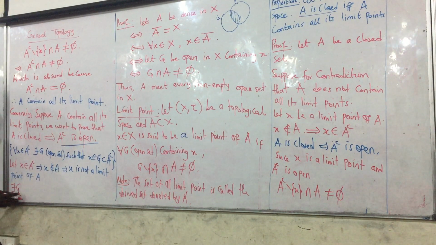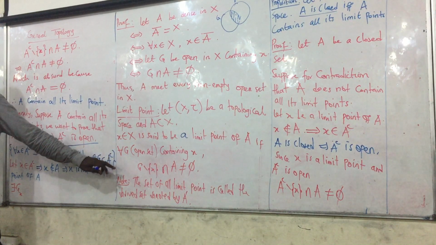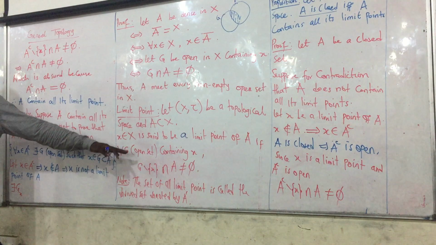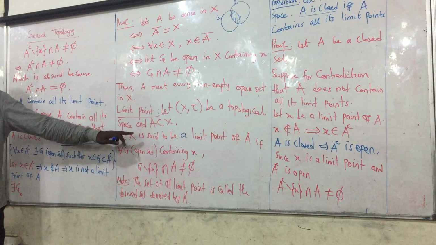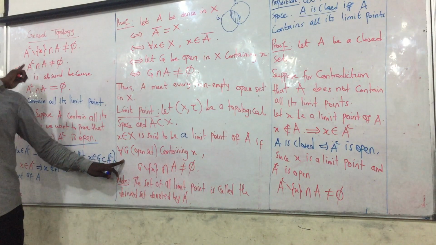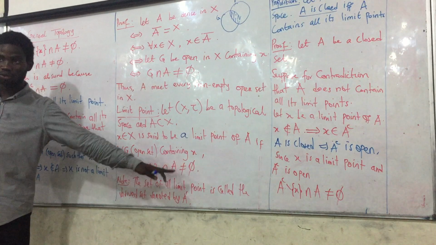So that's why we write S. That is a particular open set. You know the definition says for every open set. That means if you can find one, it's no more a limit point. For X to be a limit point, for all kinds of open sets containing X, this thing must hold.